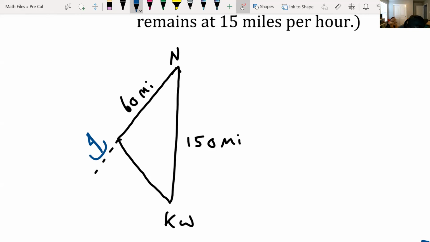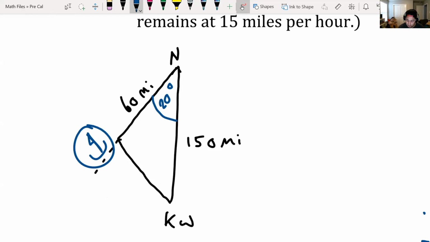So this means that this angle is 20 degrees. Okay. So we need to know at what angle should this boat turn to get back on track, right?